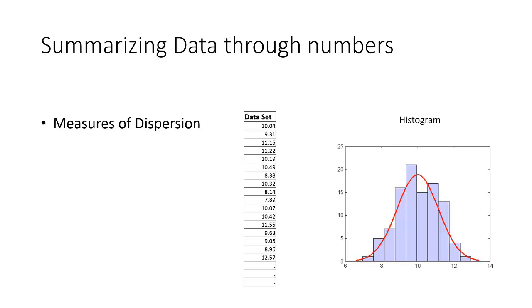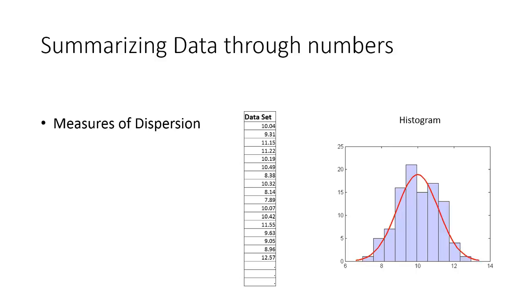So we covered histograms during our lecture on graphical techniques, and we've used them extensively in our discussions of measures of central tendency. Again, to be very clear, measures of central tendency and measures of dispersion and the specific metrics that we've discussed in them. So for instance, in measures of central tendency, we spoke about mean, median, mode, and today we're going to be speaking about some metrics associated with dispersion.